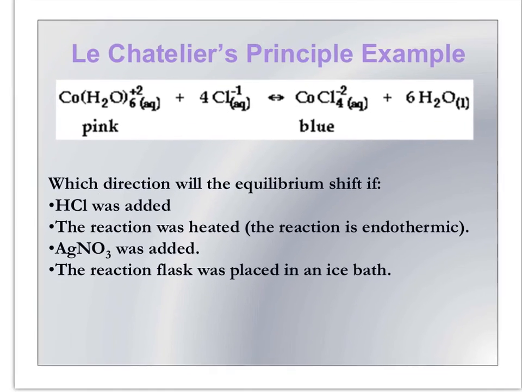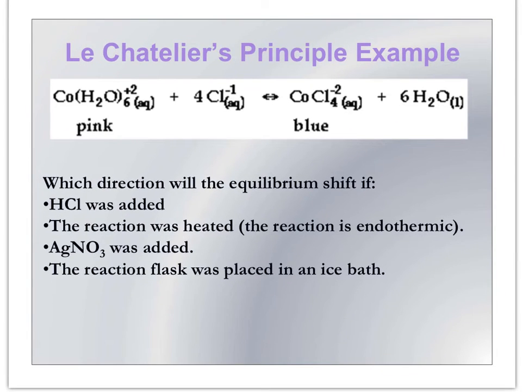Now let's look at an example. With a lot of reactions, you can't really tell that the reaction has reached equilibrium because a lot of times our reactants and products are either colorless solutions or white powders or something like that. So a lot of times we can't really tell where we are in the reaction, if we're at the beginning or at equilibrium.